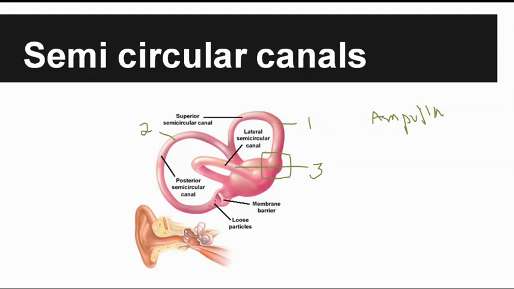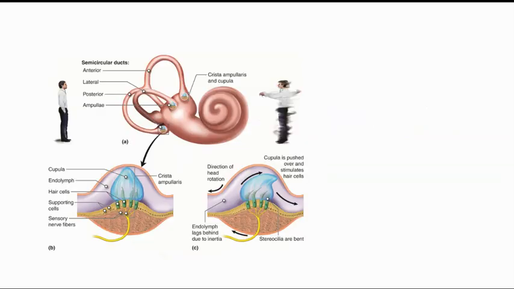The cristae are the projecting ridges, and in each ridge we have many hair cells, and these hair cells can sense the angular function.